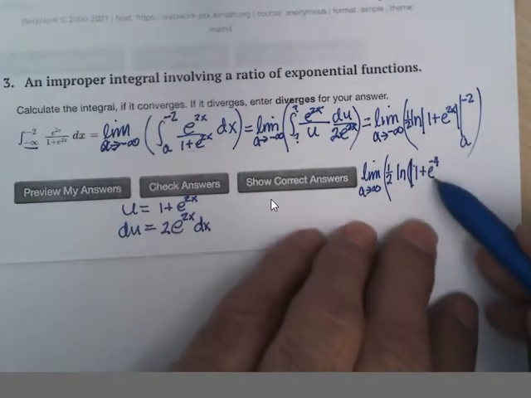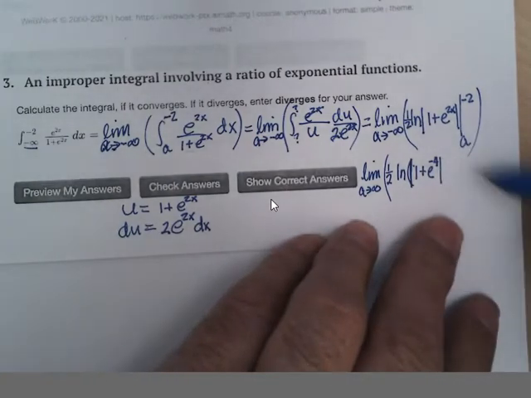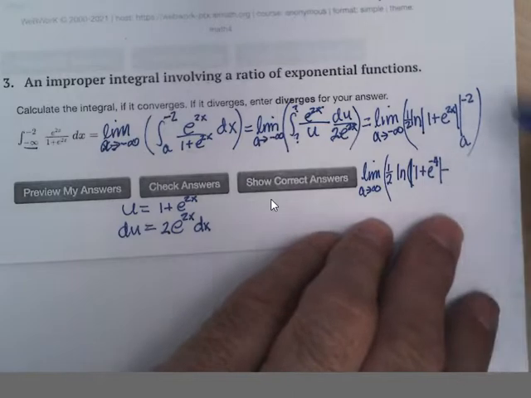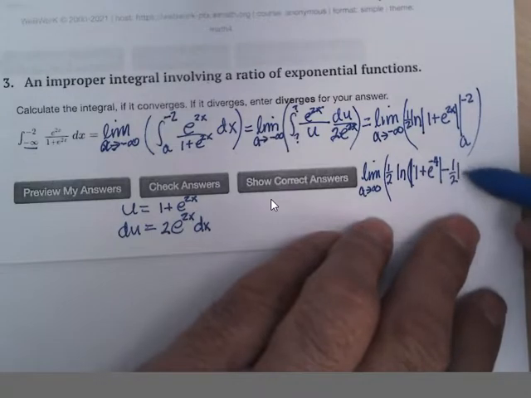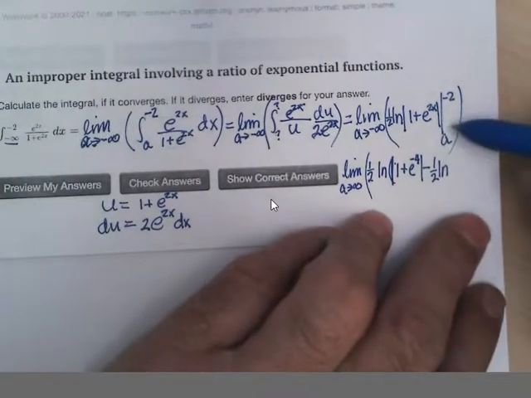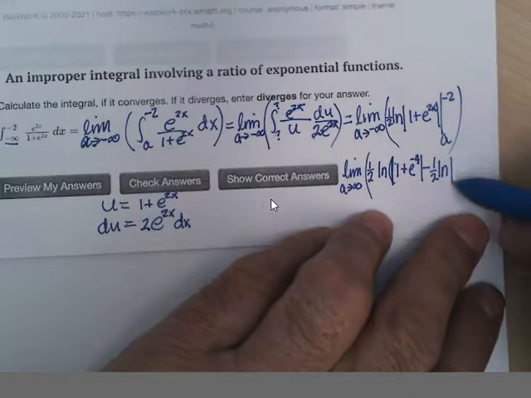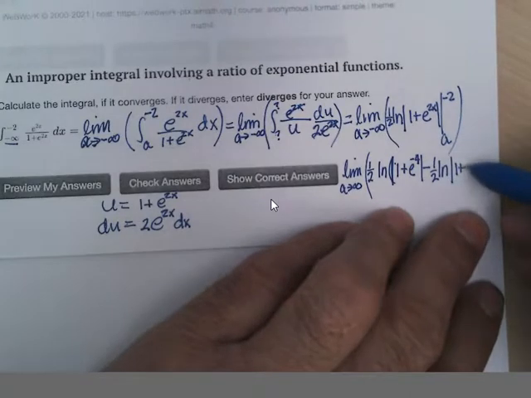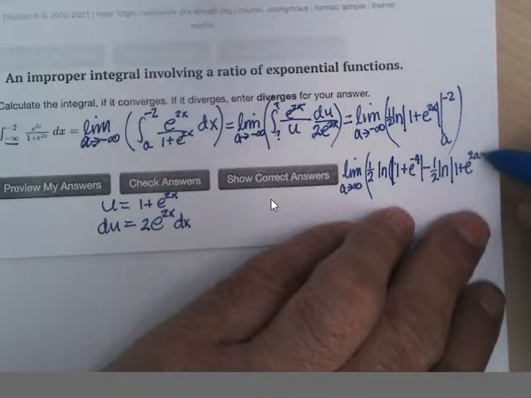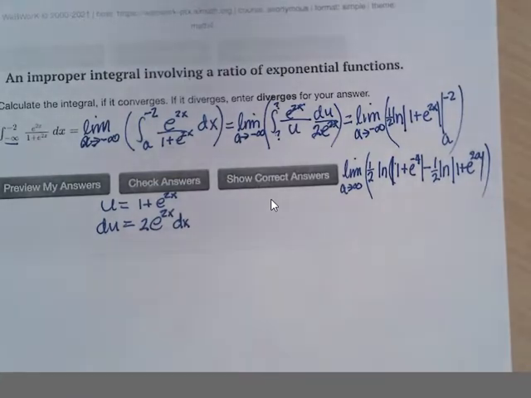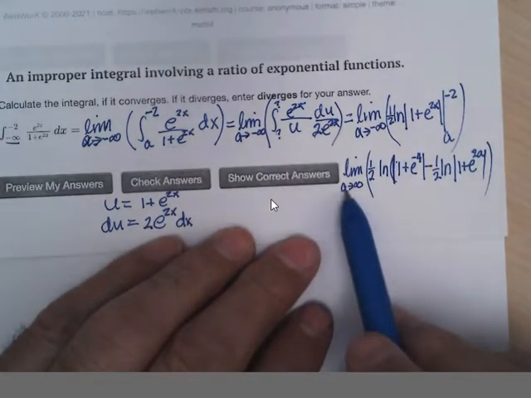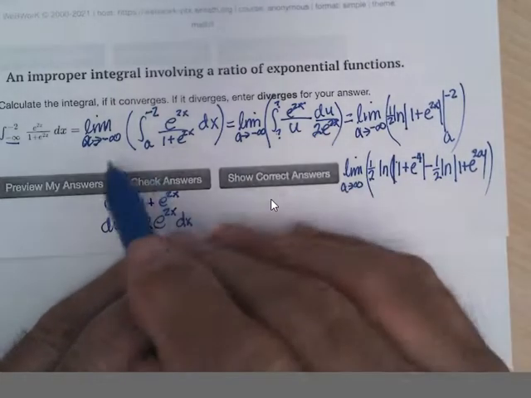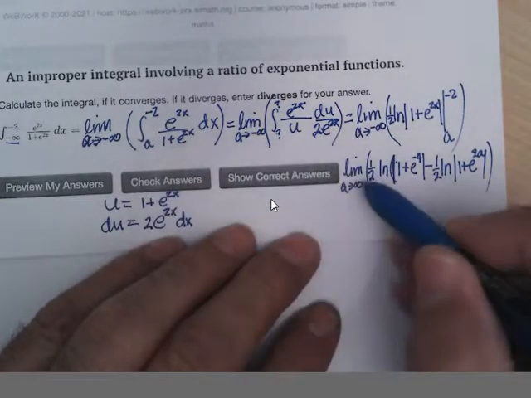That's all positive, so I don't need the absolute value on that, but I do put it minus, and then I will have the 1/2 ln, and then I'm going to put the a in there, so absolute value 1 plus e to the 2a. And now I have to decide what's going to happen with this as a goes to negative infinity. I've dropped my negative someplace.